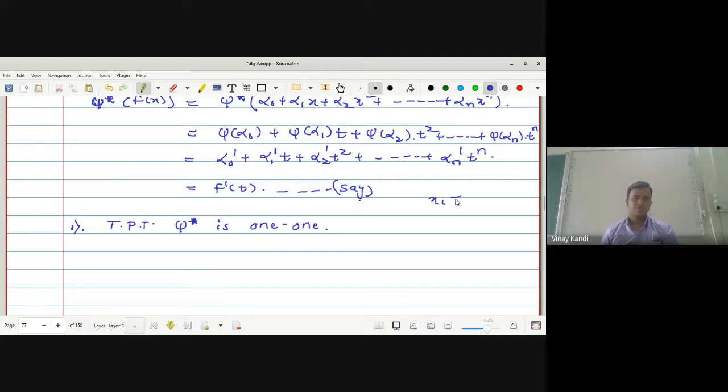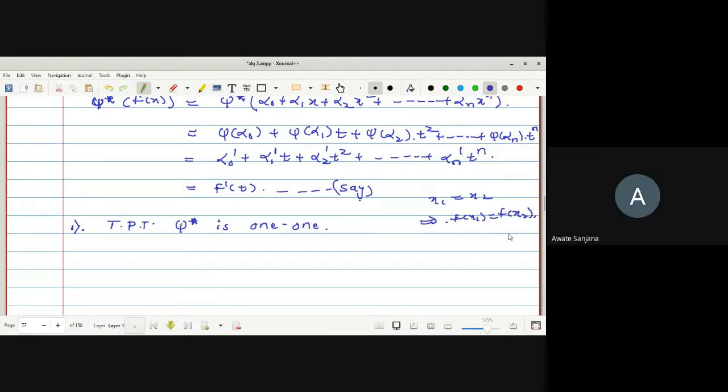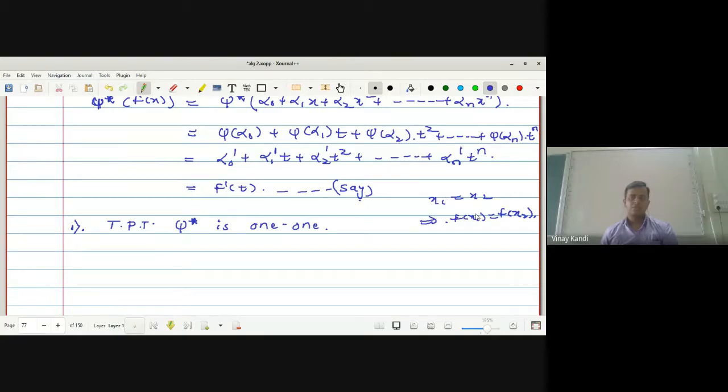If x1 is equal to x2, this implies f of x1 is equal to f of x2. That was for well-defined. What do we do for the reverse? One-oneness: take the two images equal, then if the two elements x1 and x2 are equal, then psi star is one-one.